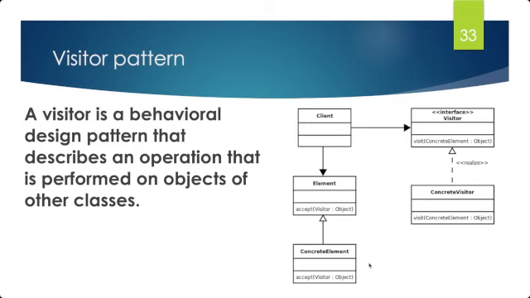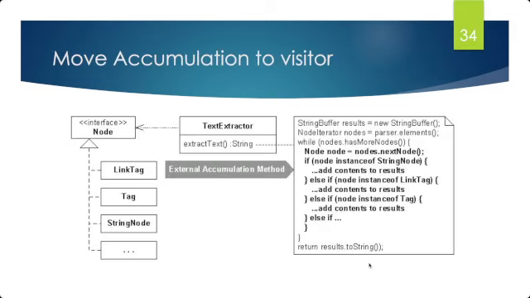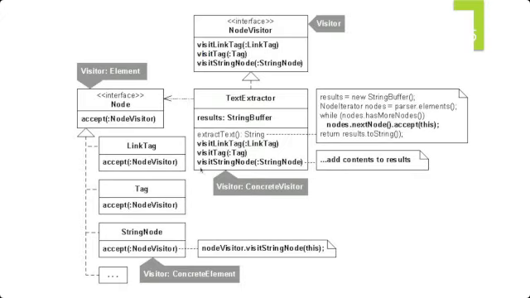The visitor pattern allows us to go through the objects and call something inside those objects. In our situation, it's bad code, and we can replace this condition with this hierarchy of objects.